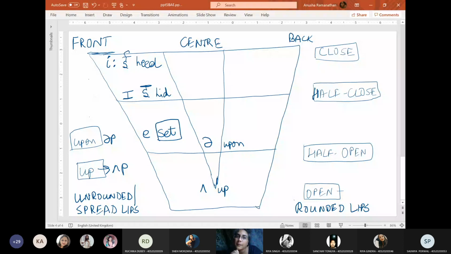Say a. There is no sound equivalent exactly in Hindi. A, set. In Hindi, it would be written as set, almost. If I had to write it, then the only one that you have closest to it is the eki matra. But that's not really how set is pronounced, right? Set is a. A.